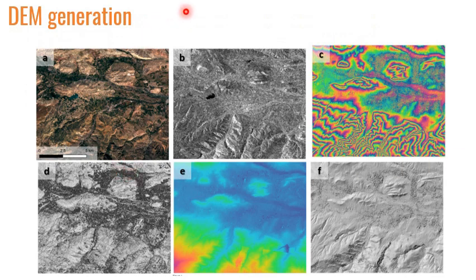Another example is DEM generation. With DEM generation, I already talked with you about using two images. That means creating an interferogram. So here, an example, here are optical images of this area. You see here there's vegetation. Here is maybe bare land or rock or something like this.